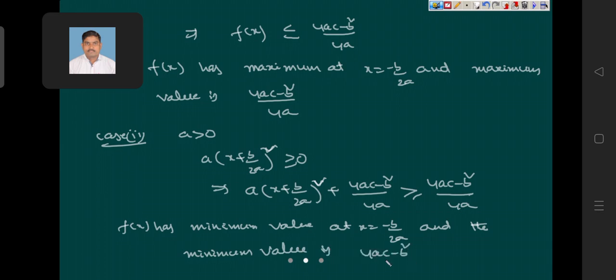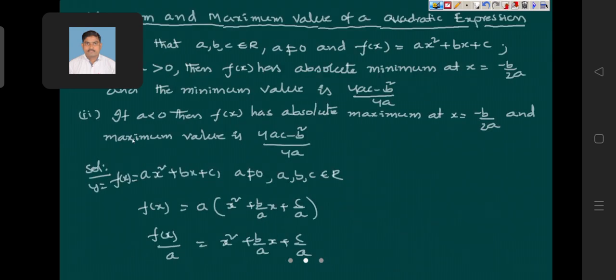So we can conclude, if a is greater than 0, f of x has an absolute minimum at x equal to minus b by 2a, and that minimum value is (4ac minus b square) by 4a. When a is greater than 0, it has a minimum value. When a is less than 0, it has a maximum value.